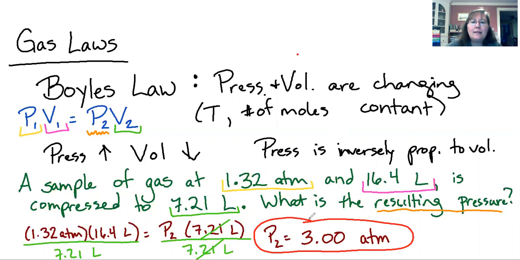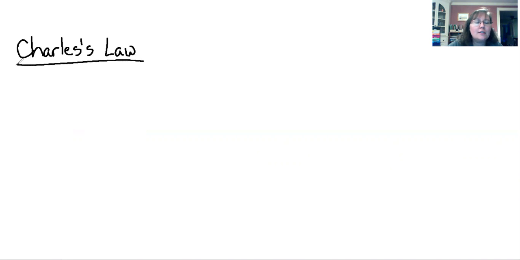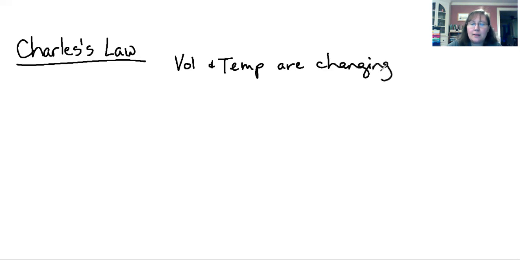Now let's take a look at our next gas law, and the next gas law that we're going to talk about is Charles's law. We use Charles's law when volume and temperature are changing and everything else is constant.